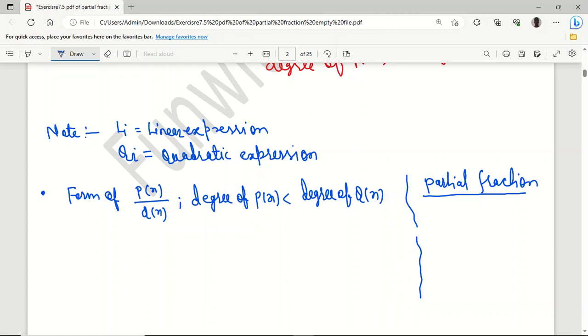And we can note down that these Q_i are those which can't be converted into linear form.